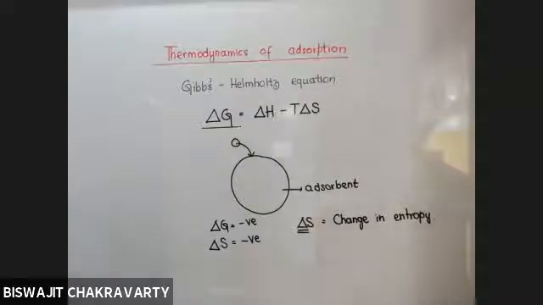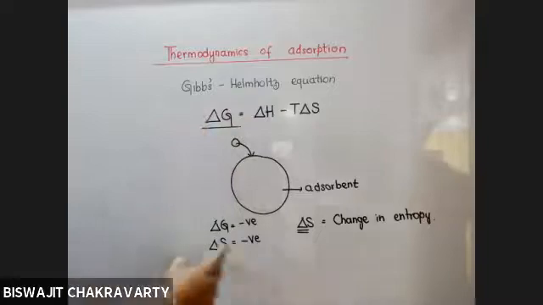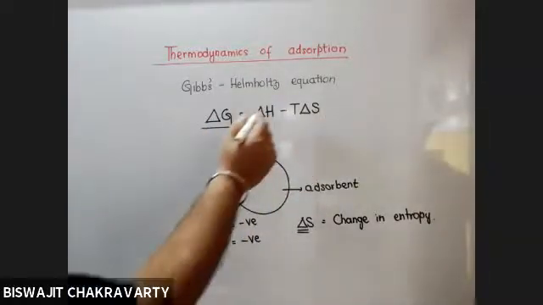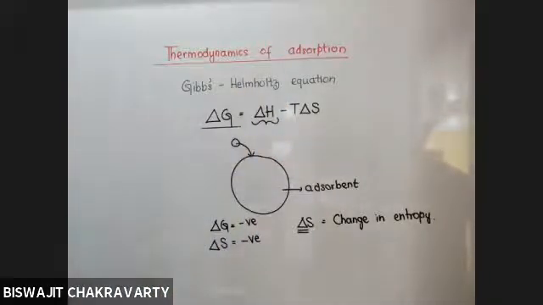Now this is negative. Delta S is also negative. Can you tell me, by comparing mathematically, what should be the delta H value? Should it be negative or positive? Rest is mathematics.